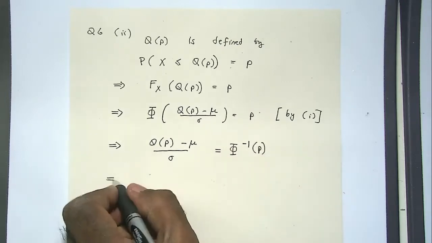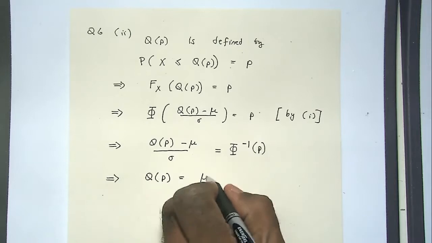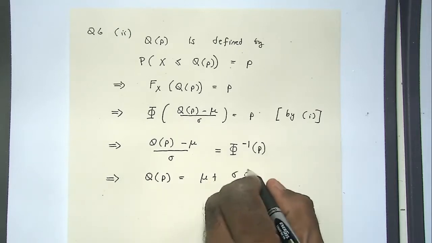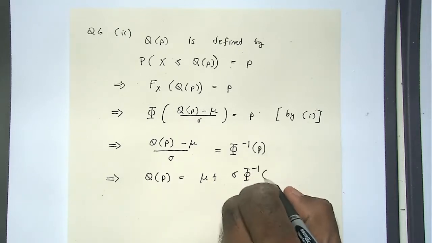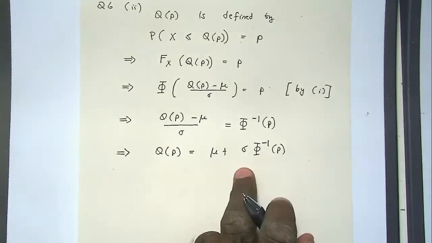And this implies that Q of P is equal to mu plus sigma times this. So the quantile function is given by this.